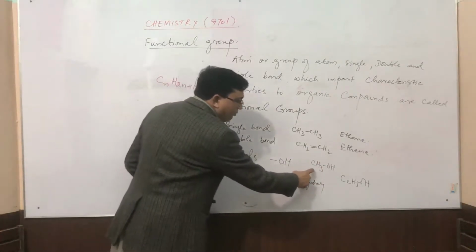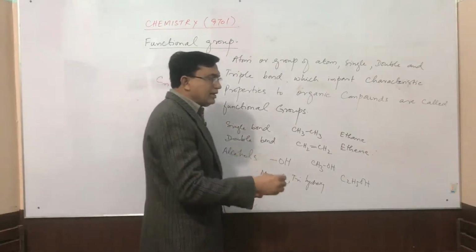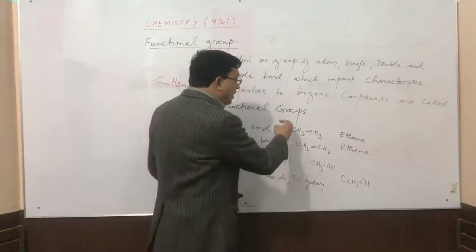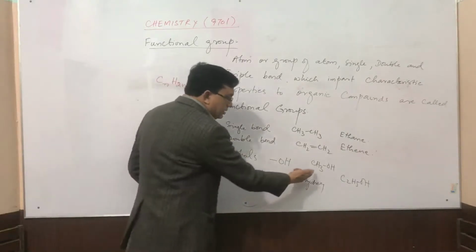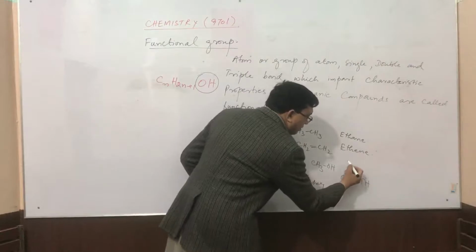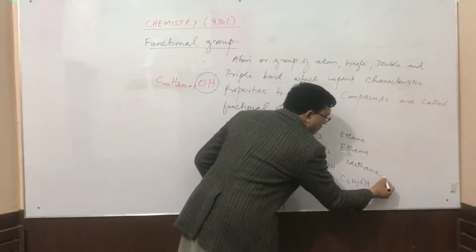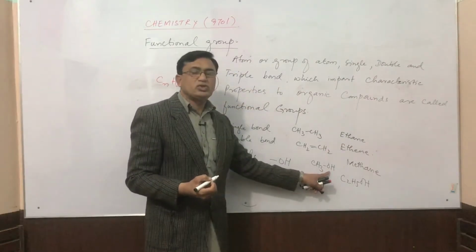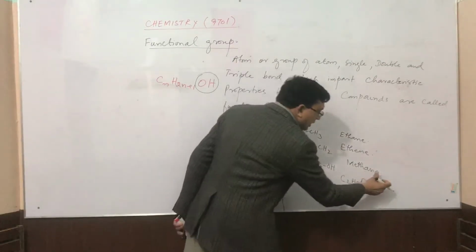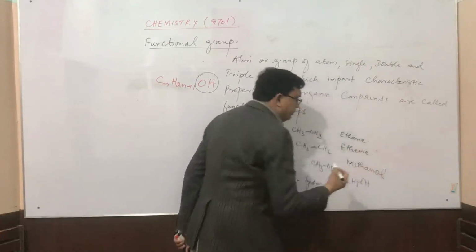Depending upon the number of carbon atoms present in the alcohol, we will write the name according to the alkanes. For example, this contains only one carbon atom. We will write down methane first. But due to the presence of this OH group, this E will be removed and replaced by OL.